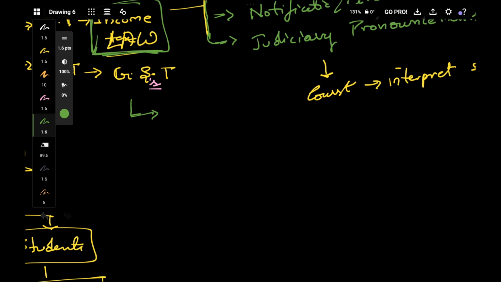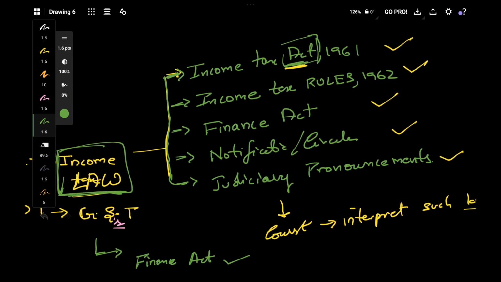In case of GST, we'll again have the Finance Act. The same Finance Act consists of changes in provisions relating to income tax, and it also consists of changes in provisions relating to GST. Apart from the Finance Act, we have the Income Tax Act, rules and all that.